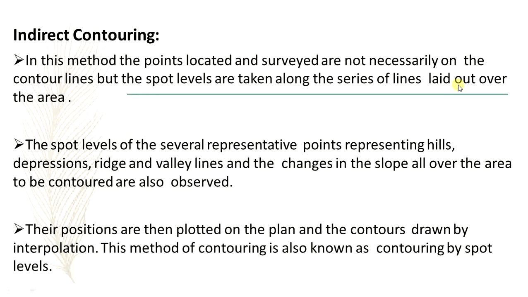The spot levels are fixed along the series of lines laid out over the entire area. The spot levels are several points representing the hills, depressions, ridge or valley lines, and the changes of slope all over the area to be contoured are also observed.